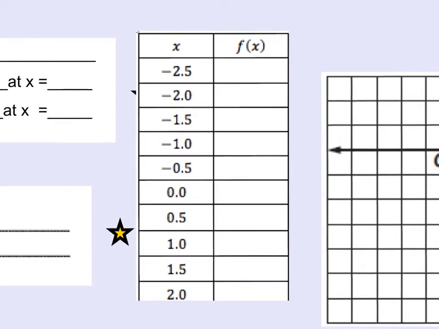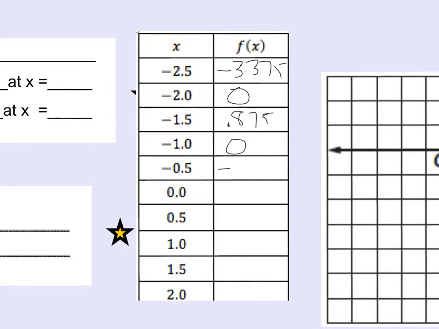It tells you right away that negative 2 is a 0, so I'm going to put a 0 right there. Negative 1.5 becomes 0.875. Negative 1 becomes 0.